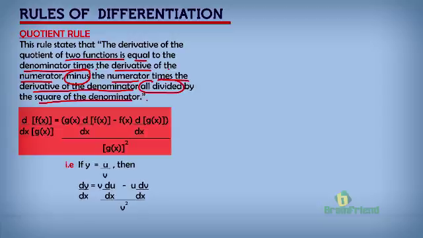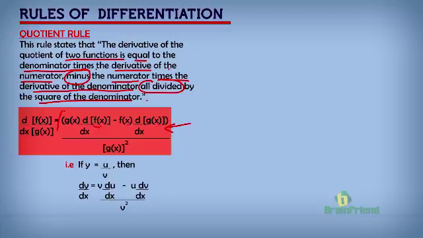To make it simpler, let's look at it mathematically. So if you have the derivative, the d dx, of two functions, one dividing the other, f of x being divided by g of x, we would have that as g of x multiplied by the derivative of f of x minus f of x multiplied by the derivative of g of x.